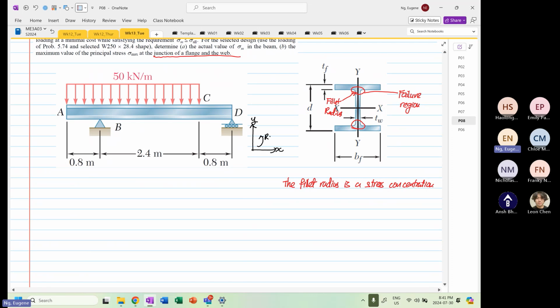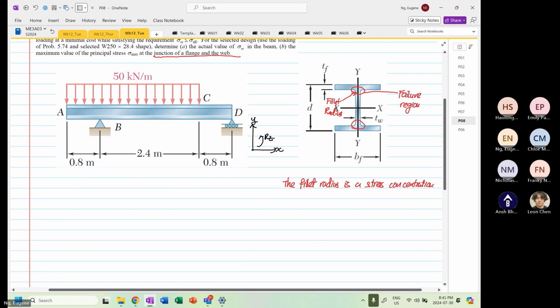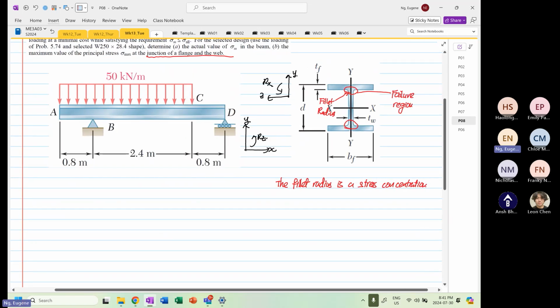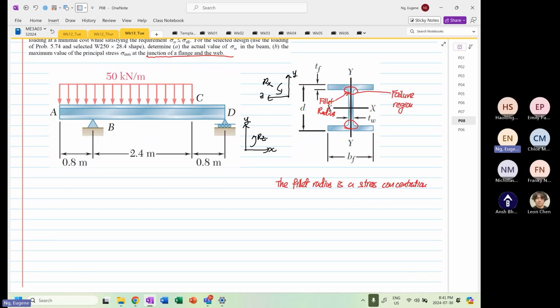This is our rotation in Z, and in our view over here, this is our Y, and this is our Z. This is our rotation in the X. We know that the structure is under bending moment, and the bending moment is only in the Z direction.